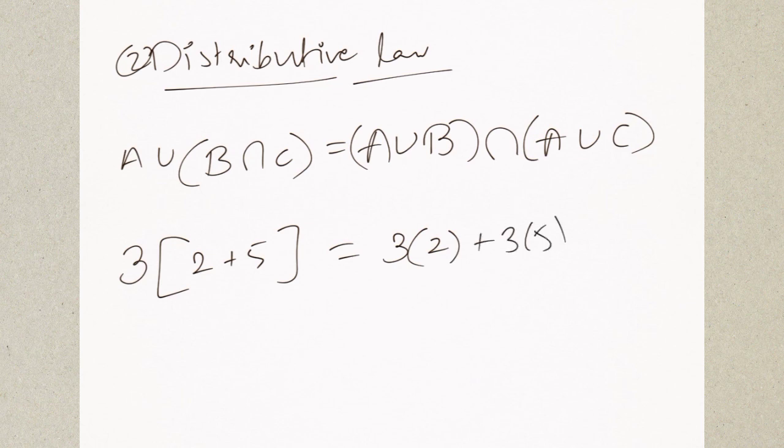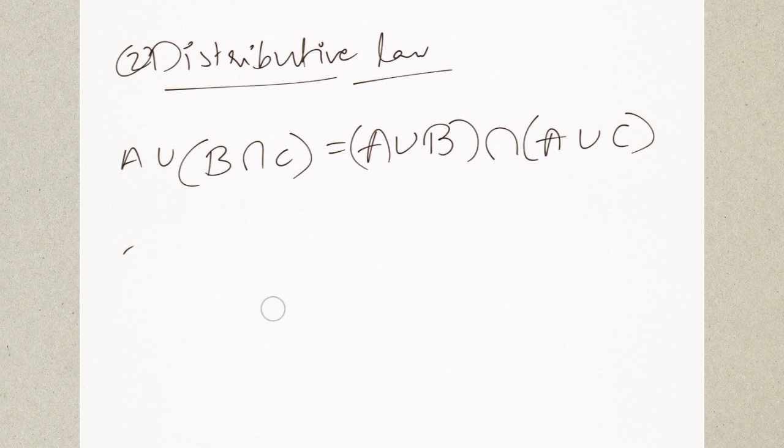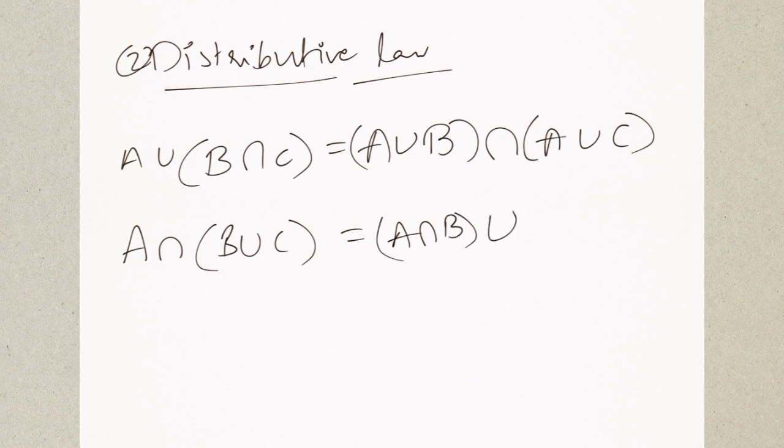That only we did, right? Same thing here also, but with the union and intersection symbols. Again, if you have A intersection B union C, you can write it as A intersection B union A intersection C. So these are a few laws. This is essential for us.